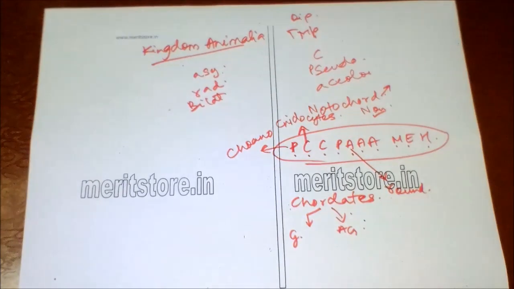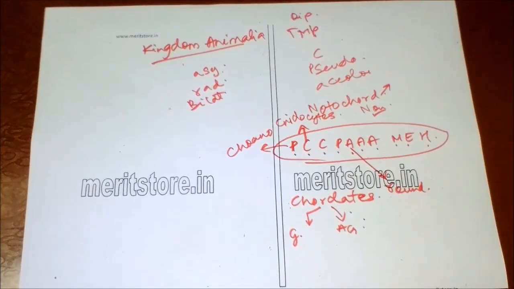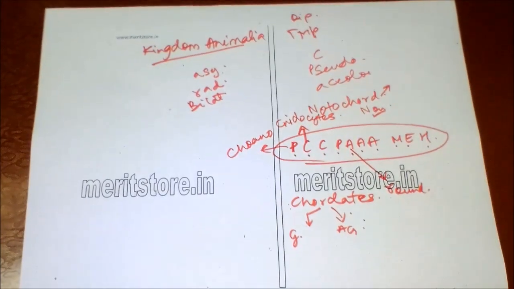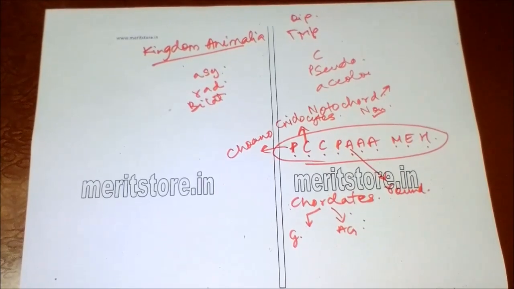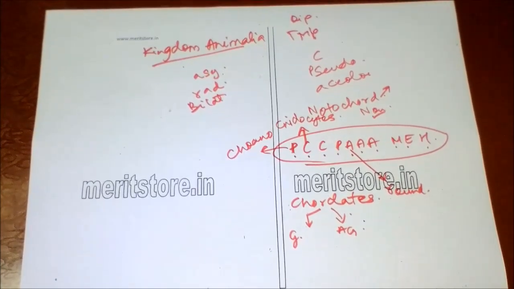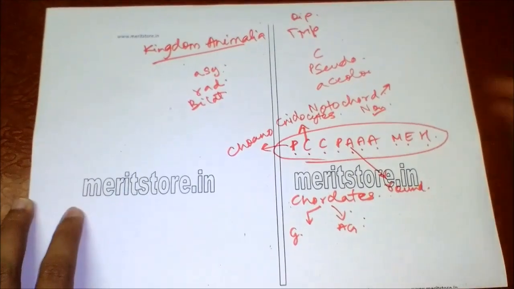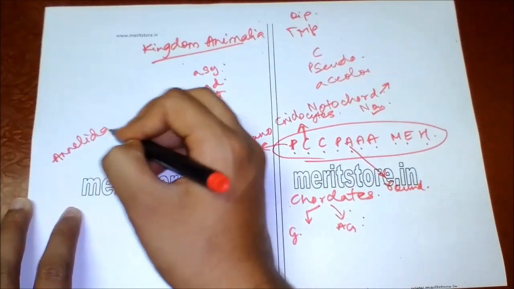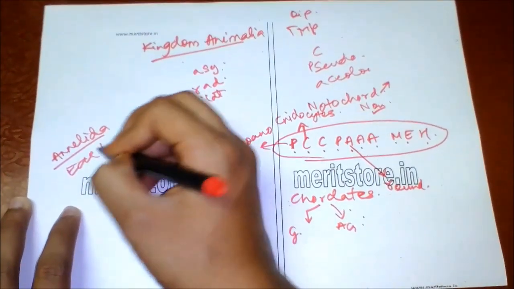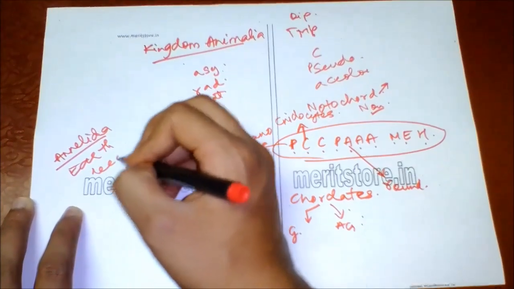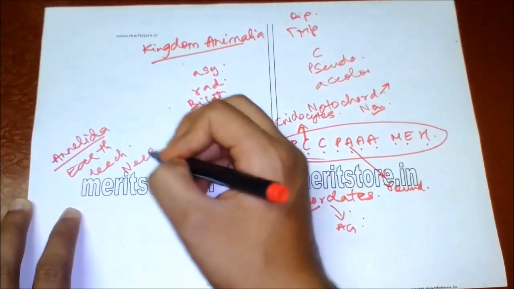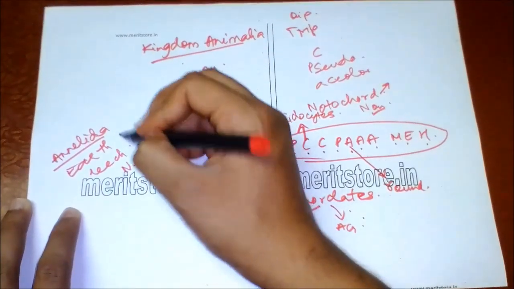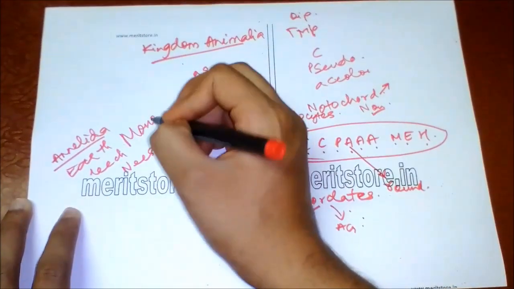They have parapodia which help in swimming, and nephridia which help in osmoregulation and excretion. So nephridia is important here. Nereis is an aquatic form which is dioecious, but earthworm and leech are monoecious. So you have to remember the exception in Annelida: earthworm and leech are monoecious, and Nereis is dioecious.